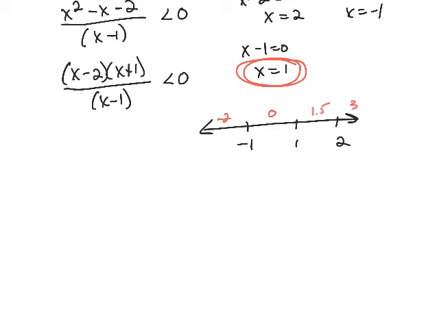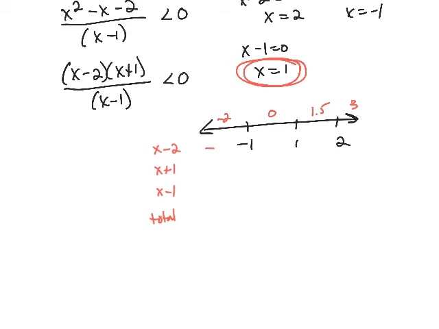Okay, at -2, I can look at this, and the first factor is going to be negative, because we got multiple factors here. Actually, I'm going to list them down here. It might be easier. I have a factor of x minus 2, x plus 1, x minus 1, and then the overall quotient. So for x minus 2, it's going to be negative.